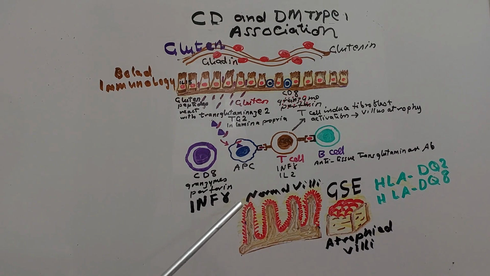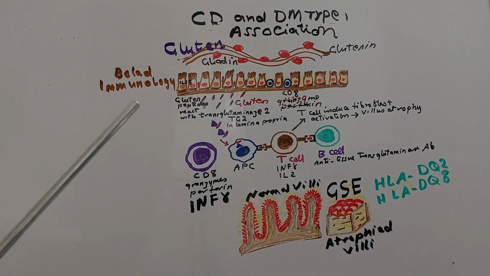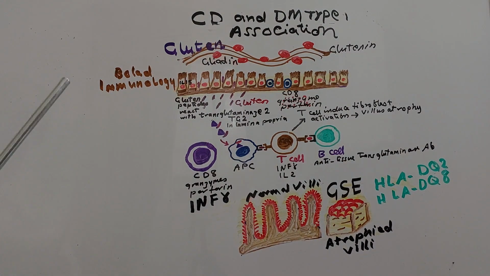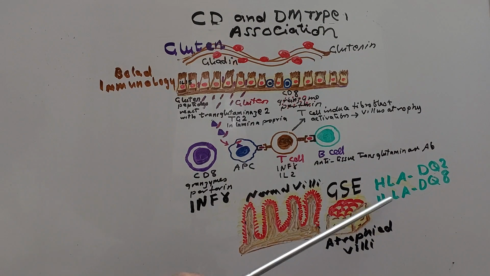So basically, genetic factors play a major role in this association between celiac disease and diabetes mellitus type 1. Both celiac disease and diabetes mellitus type 1 are associated with HLA DQ2 and HLA DQ8.